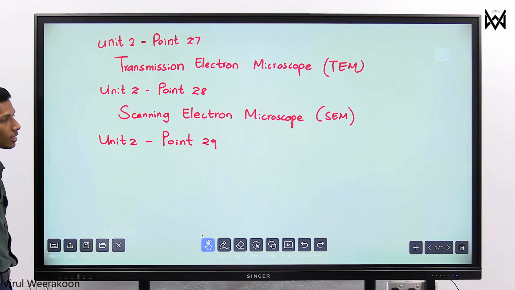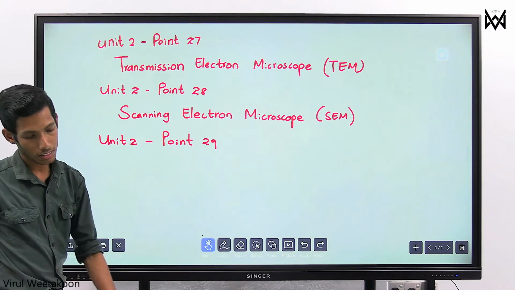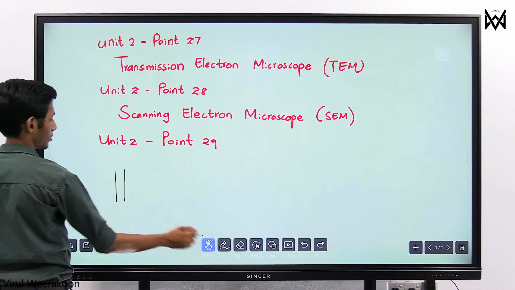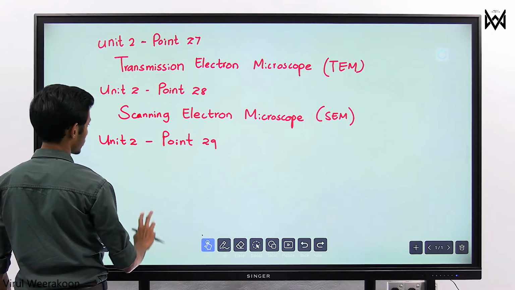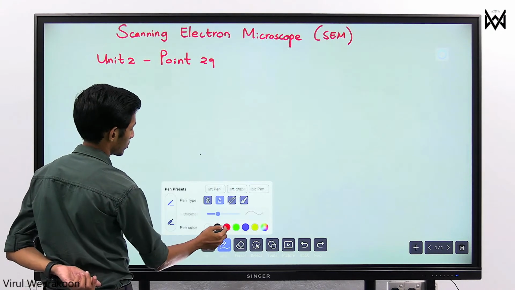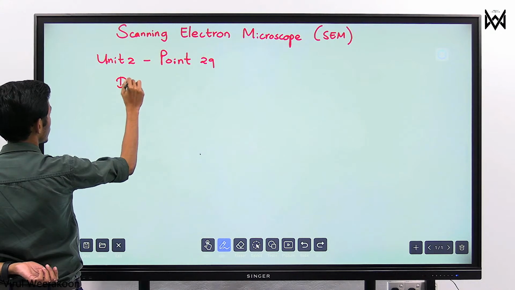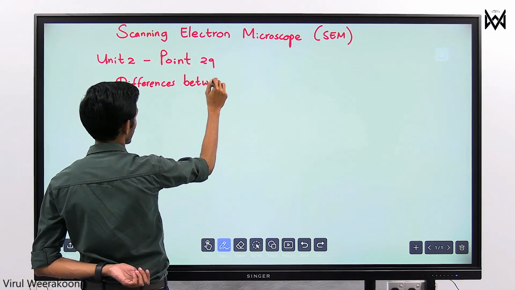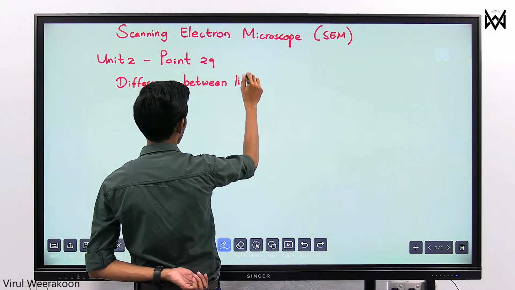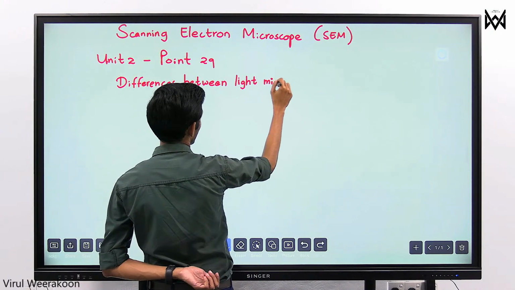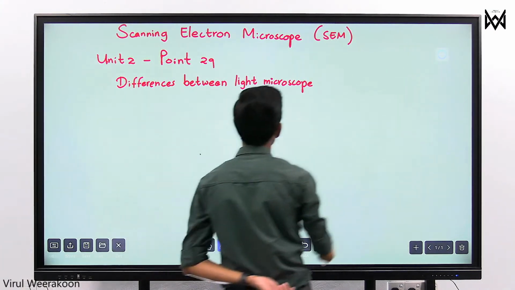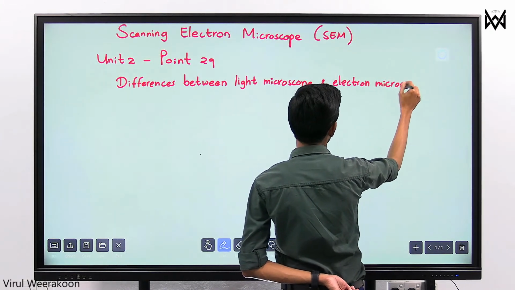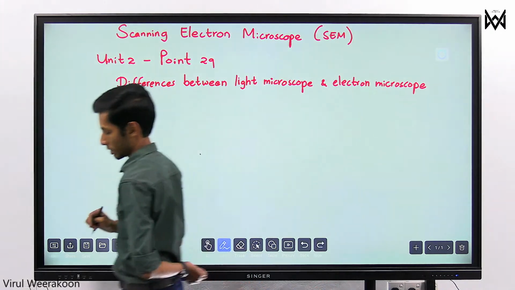Write down the topic: differences between light microscope and electron microscope.